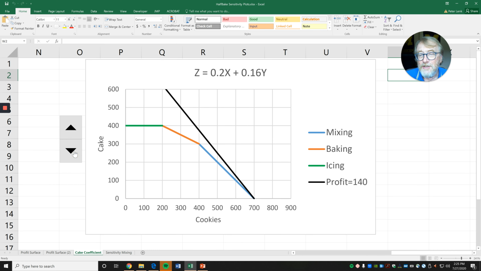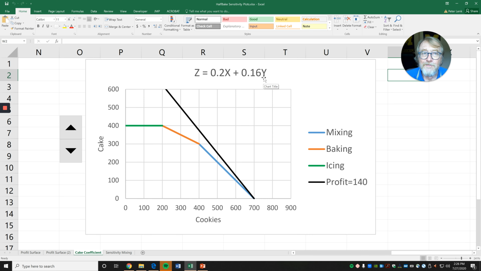Okay. So if the coefficient for cake gets too low, that means cake is not very attractive anymore. Cookies, relatively speaking, are more attractive, right? You want to do a ratio kind of thing here. You stop making cake because, first of all, you have to ice cake, and that's expensive.